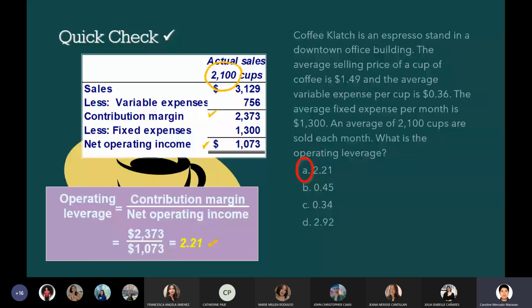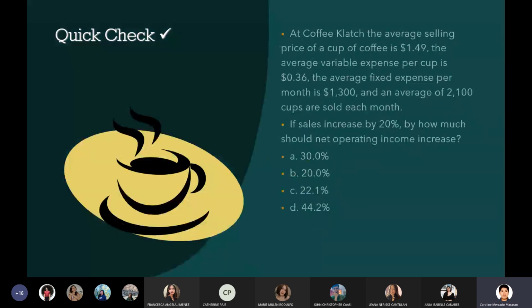How can we show, how can we prove that 2.21 is the change in net operating income? Let's continue. What if your sales increase by 20%? How much should the net income increase? We already have a formula for that.